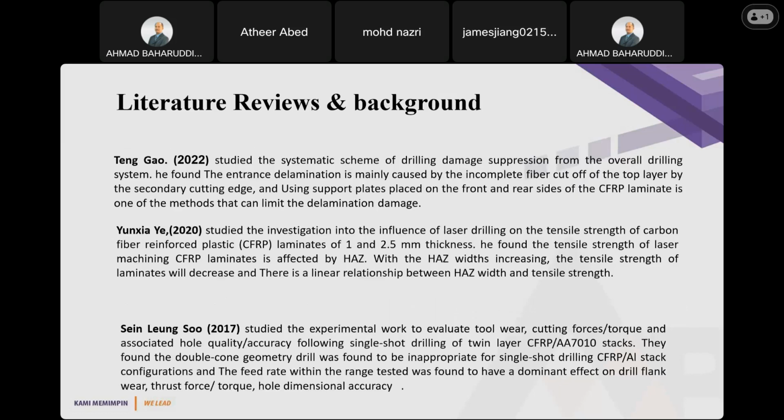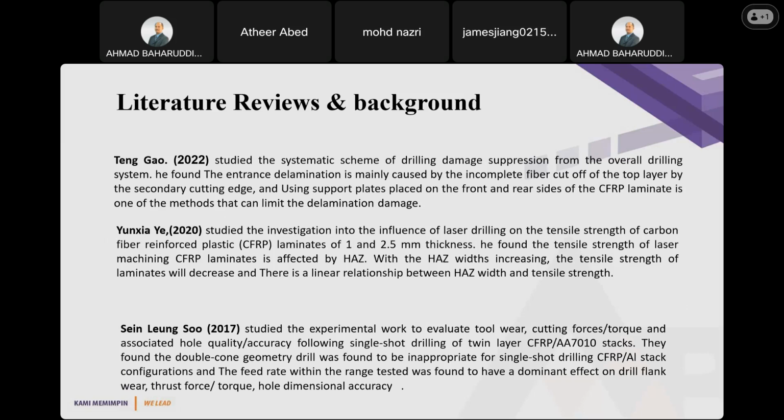For example, in 2022, Mr. Tan studied the systematic drilling damage, what happens when making a drilling process, and he found the enhanced delamination mainly caused by the incomplete fiber cut off of the top layer and the secondary cut edge, and using a support plate.